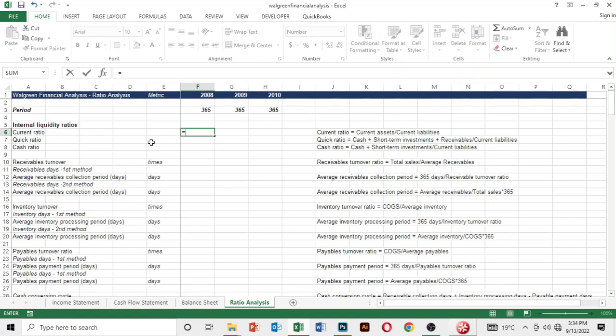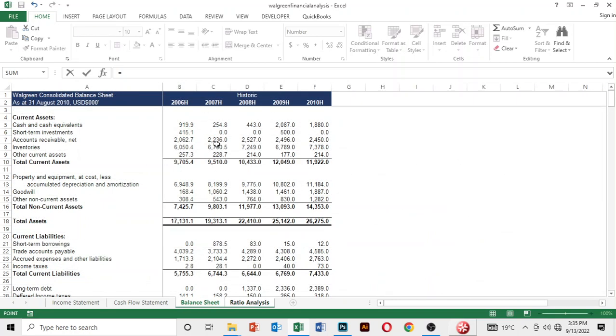To compute the current ratio, you have a formula there. The formula for computing the current ratio is current assets divided by current liabilities. We'll be using the balance sheet to compute this ratio. On your keyboard, hold down Control and then press Page Up to navigate to the balance sheet.